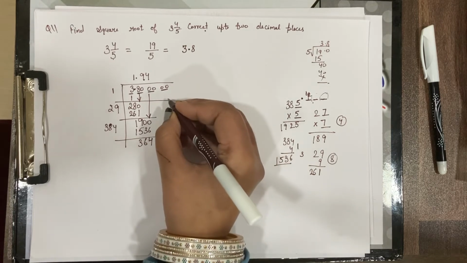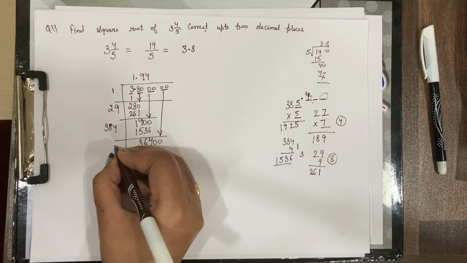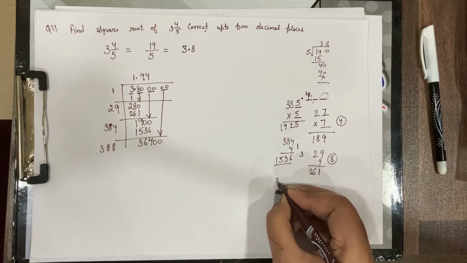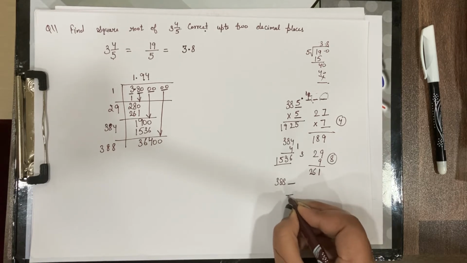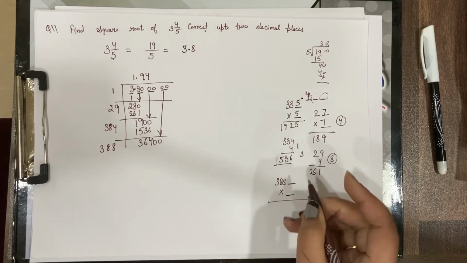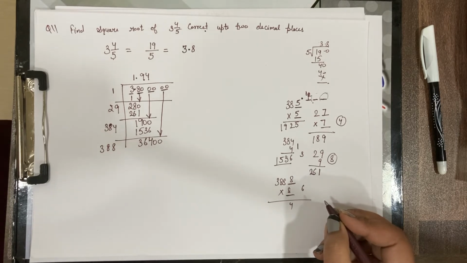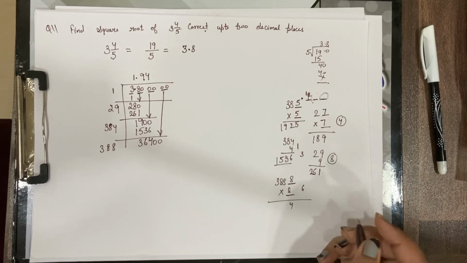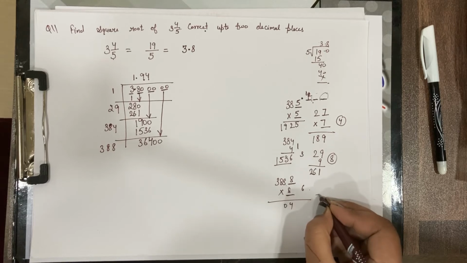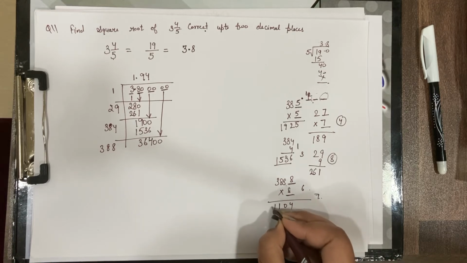Correct. Now the last pair, double 0 and double of this also. 388. Now at the back side of 388 we have to write a number which gives an answer lesser than this. So let us try 8. We are getting this.